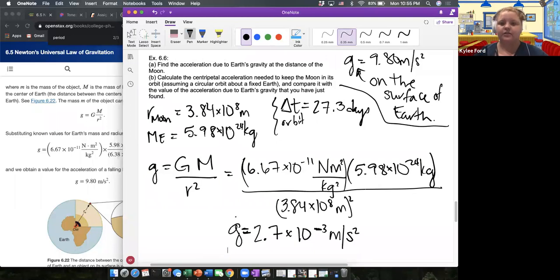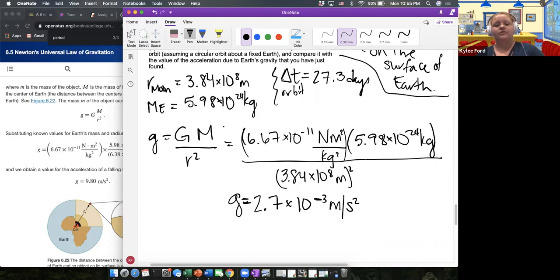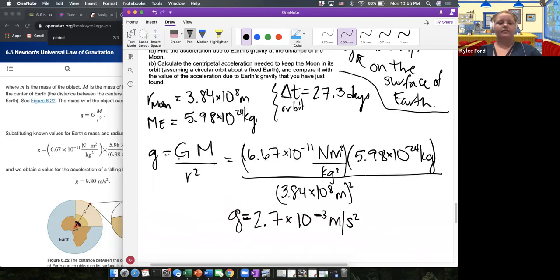That's not the moon's gravity, right? This is the gravity of Earth if we are at this distance. We're not on the surface of the Earth. We are 3.84 times 10 to the 8th meters away from the Earth's surface. Okay, so that was part A.